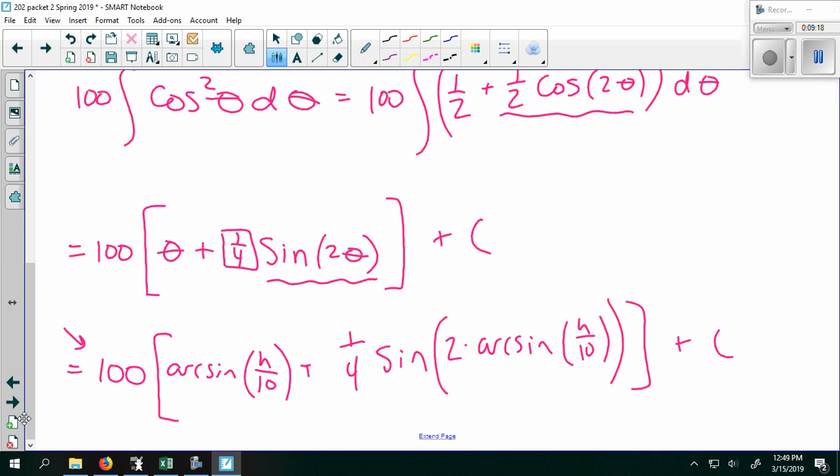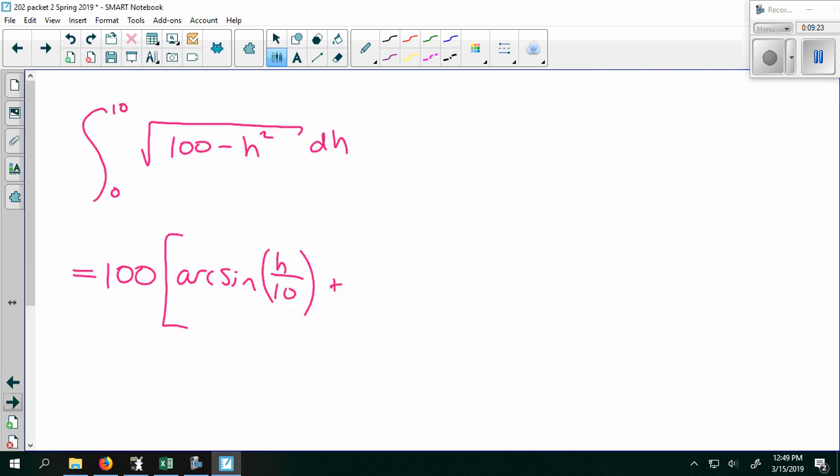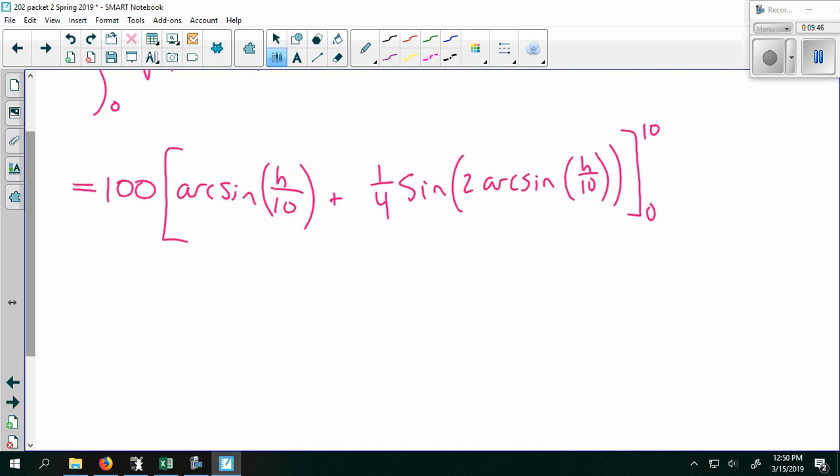Plus 1/4 the sine of 2 times the arc sine, all evaluated from 0 to 10. Okay, so I'm going to let my calculator help me here.